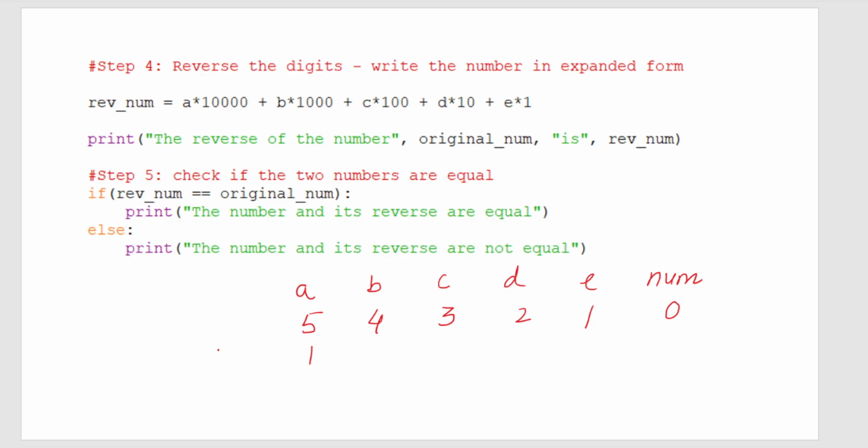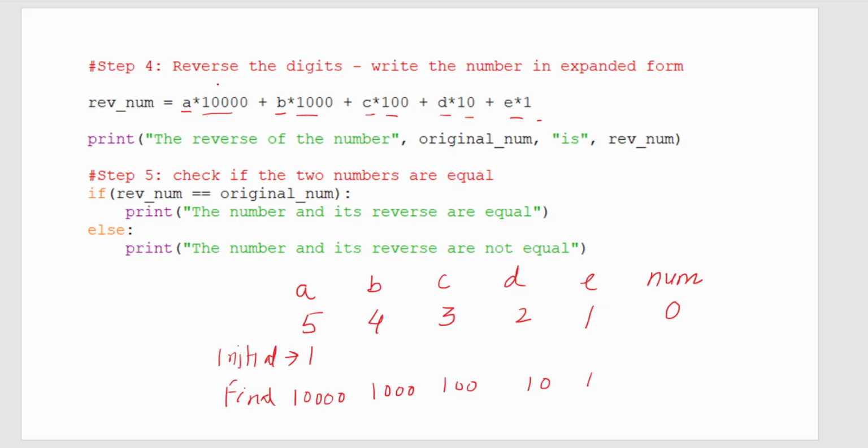Now the final digit, we want this at 10,000. Now we want 4 at 1000, we want this at 100, we want this at 10, and we want this at the unit place. So we multiply A with 10,000, B with 1000, C with 100, D with 10 and E with 1.